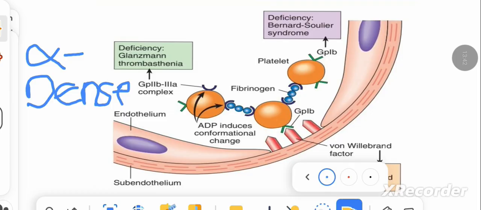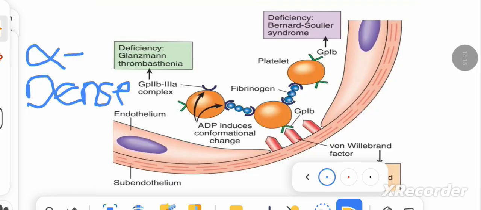So the ADP, this one here, which is released by the activated platelets, adenosine diphosphate, will cause conformation change. Remember, these are spherical, so they will become spiky. Okay, they will change their shape once they are activated. So the ADP induces conformation change, and then remember the fibrinogen is also released by the alpha granules, which are released by the activated platelets.